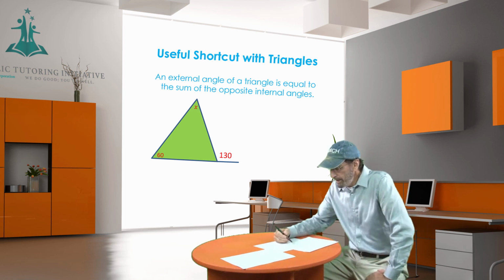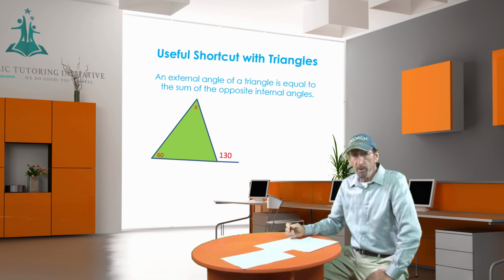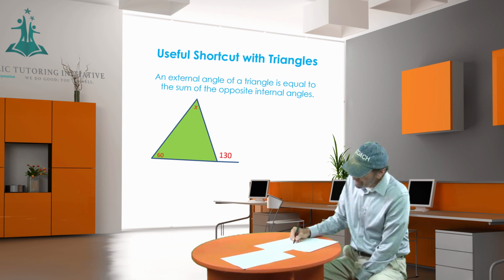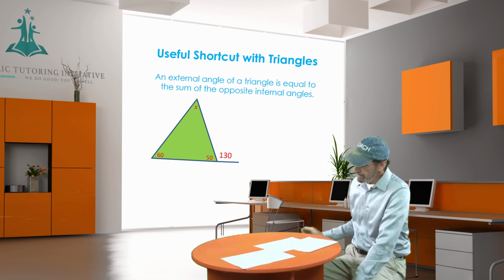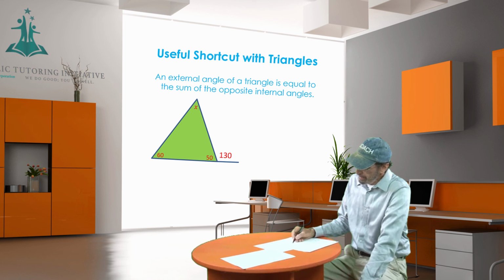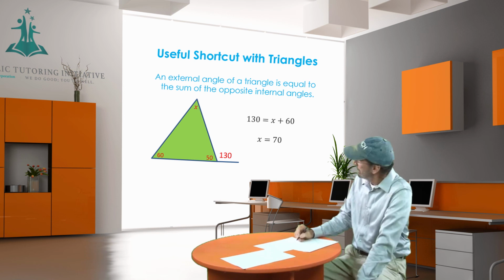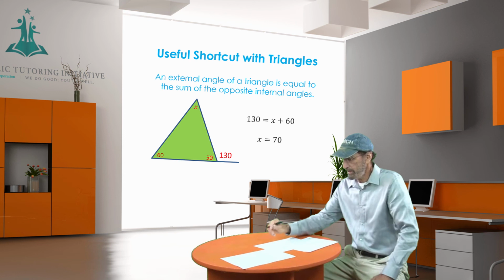Well, you could find the unknown angle by finding the supplementary angle to 130 and then finding x by the sum of the angles of a triangle being 180 degrees. But it's easier to do it by this principle, which is 130, the external angle, is equal to x plus 60. So then you can see that x is 70.